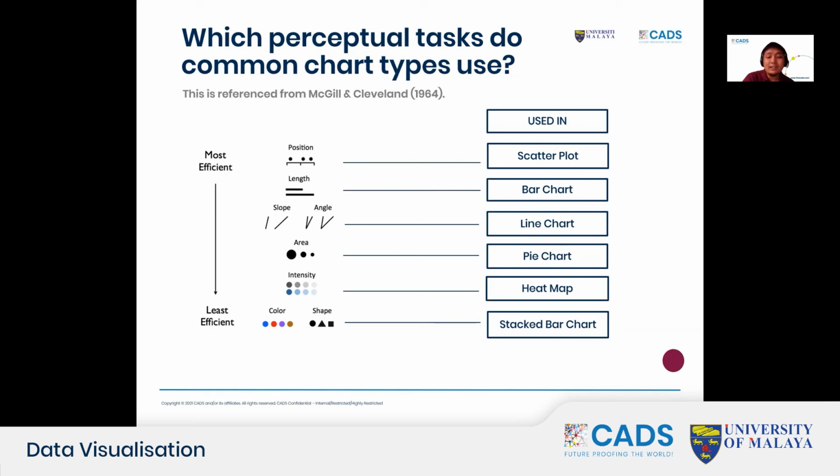Why colors and shapes are the least efficient, because there's no way to actually associate, let's say, a shape to the value of a number, right? There's no continuity. So it's hard to tell whether a circle means a bigger value, or a triangle means a lower value. There's no such thing to represent value with them.